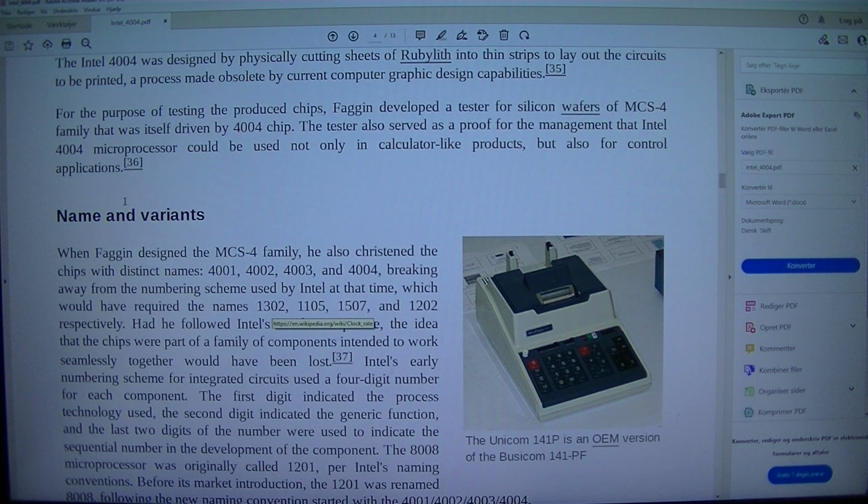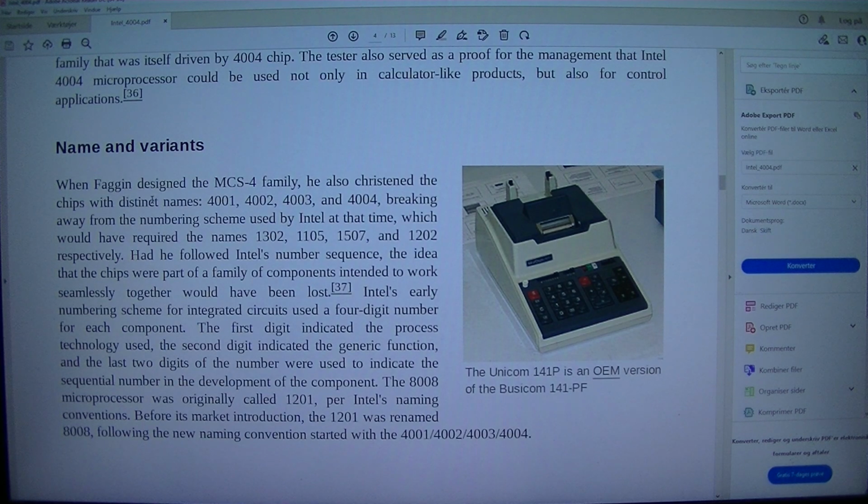Had he followed Intel's number sequence, the idea that the chips were part of a family of components intended to work seamlessly together would have been lost.